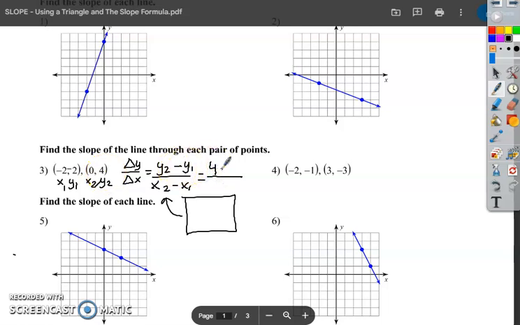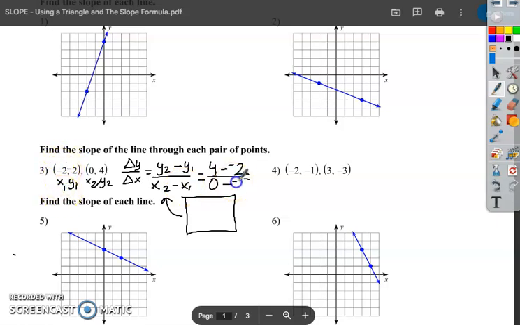I put a minus. y1 is a negative 2. Make sure when you're entering this into the calculator that this is a minus and this is a negative. Those are different. And then over here, x2, I see a 0, minus, and then I do x1.